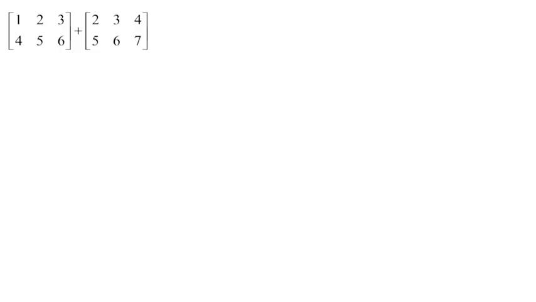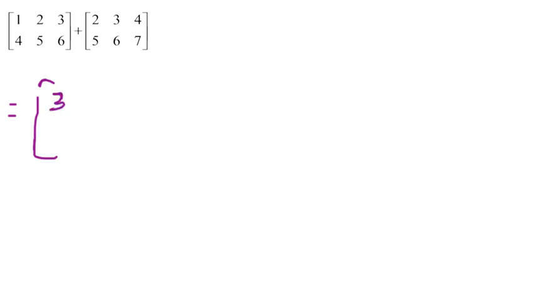So in this example, we want to add the 2 matrices together. If we look, they have the same order. They are both a 2 by 3 matrix. So all we have to do to find the sum is add corresponding entries together. So this will be equal to, if we're looking for that first entry, 1 plus 2 would give us 3.